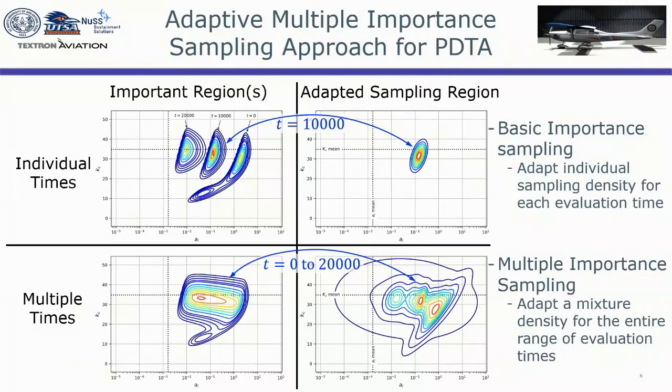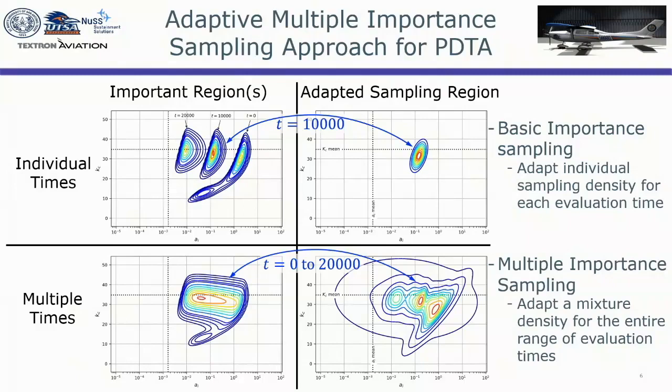With adaptive multiple importance sampling, what we're doing is adding sampling densities one at a time to approximate a density that you could use for any time between 0 and 20,000, let's say. You give it a time range. And after you've added a sufficient number of densities, you have something that looks similar to the ideal sampling density.